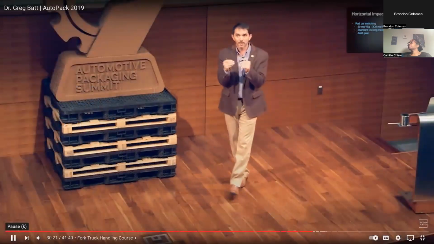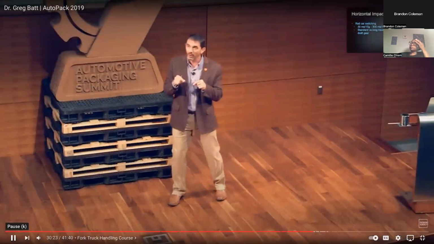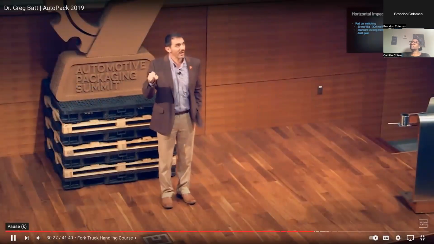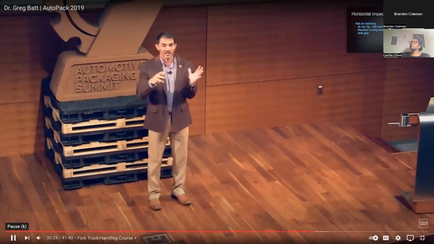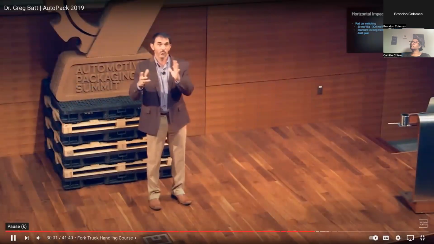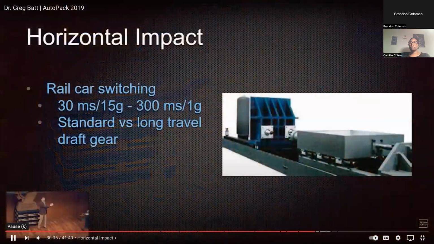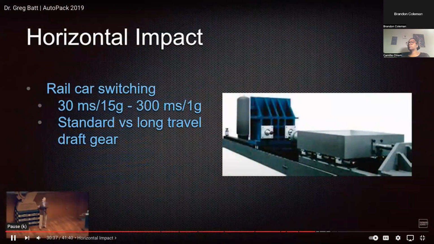Intensity is lower, but because of that lower frequency input, that might match a fragility of our packaged product systems. And these are horizontal loads, right? So we might see a loss of integrity of our whole unit load. We could pass the incline impact test, but not pass the horizontal impact.